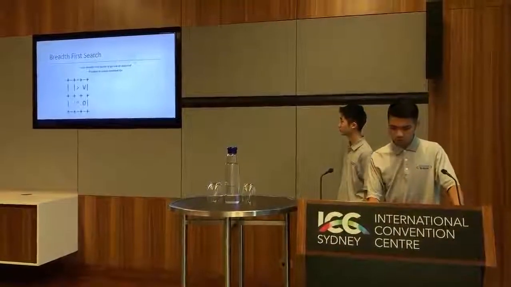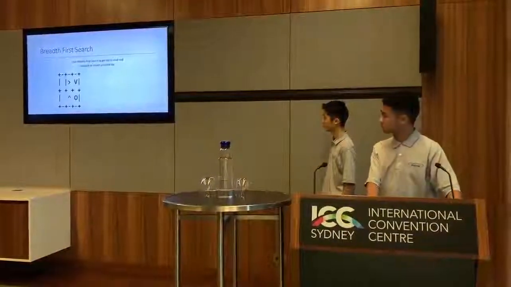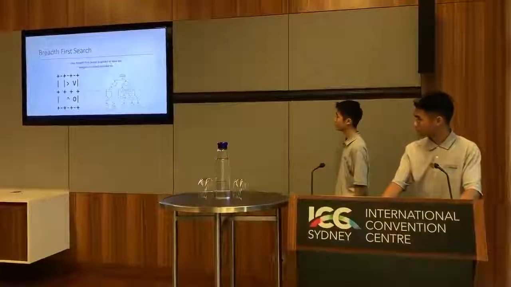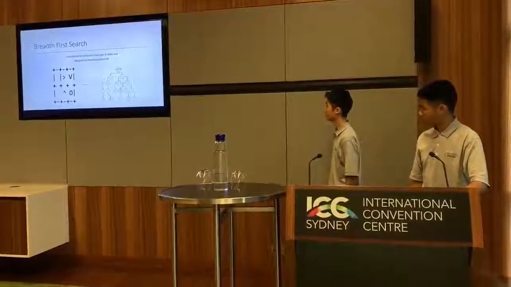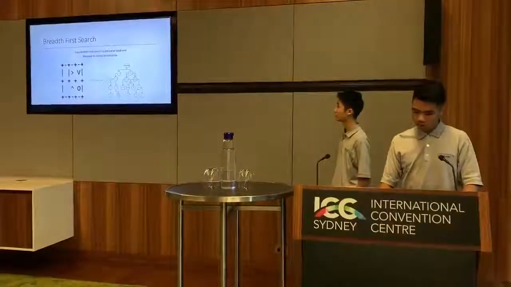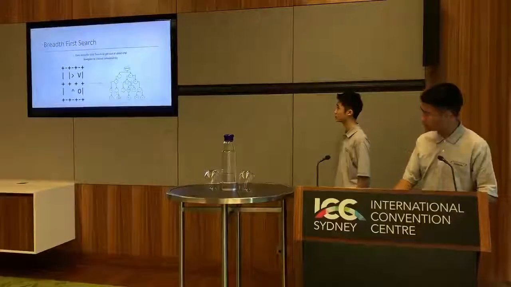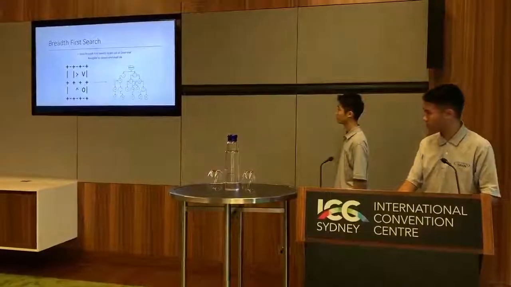So what we did was, let's take this scenario back again. We would turn this scenario into a tree. Basically, each branch would be any tile that you can go to. So you would start at the starting node, and as you can see, nodes 9 and 13 are possible nodes that you would want to go to.